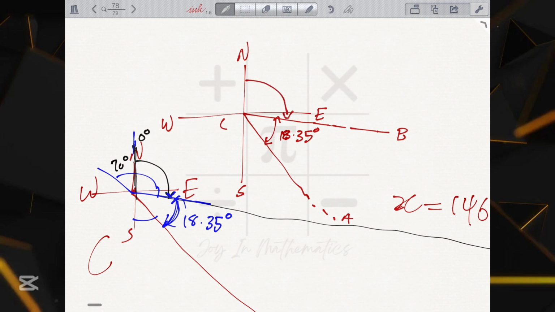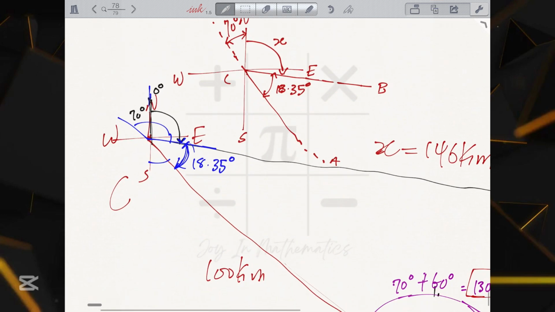Let's call it X. Now, according to geometry, the angle represented here is 70 degrees. So now we have the angles on a straight line, and we know that the sum of angles on a straight line is equal to 180 degrees.